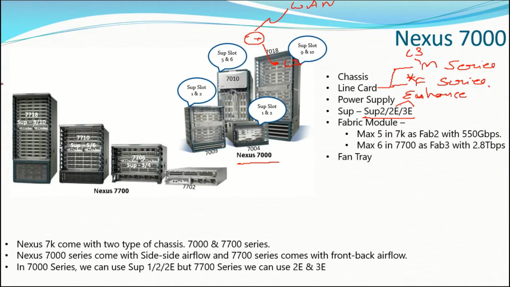Only the M series line card has the functionality that allows us to configure layer 3 on the interface. The F series line card can be used for layer 2 functionality.